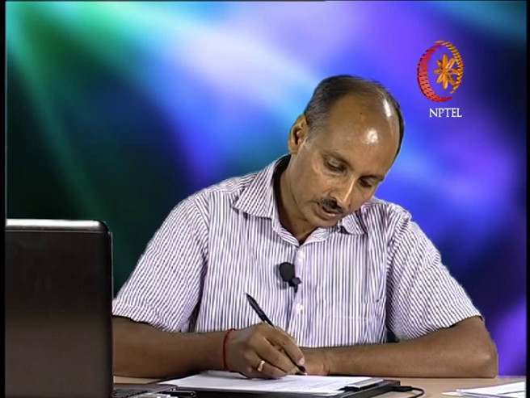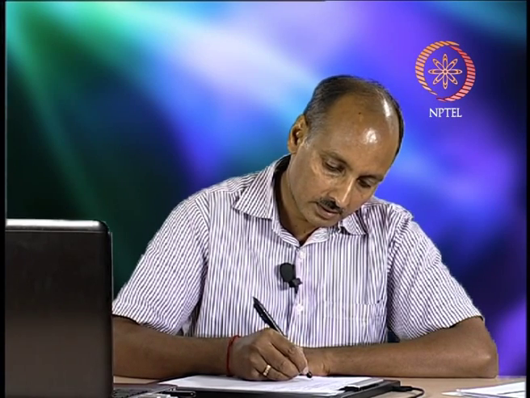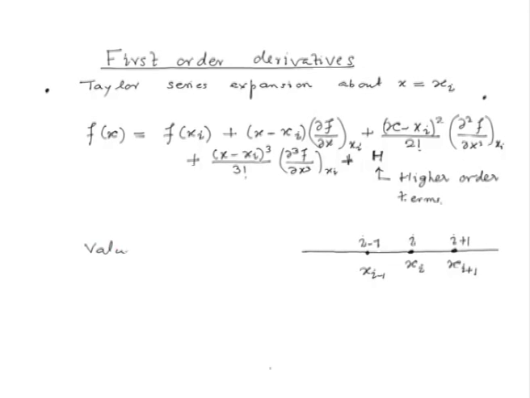Let us use the value of the function at x equal to xi plus 1, that is f at xi plus 1. Now let us switch over to our shorthand notation, fi plus 1, which stands for f of xi plus 1. This would be equal to f of i. We have now used fi for f of xi.